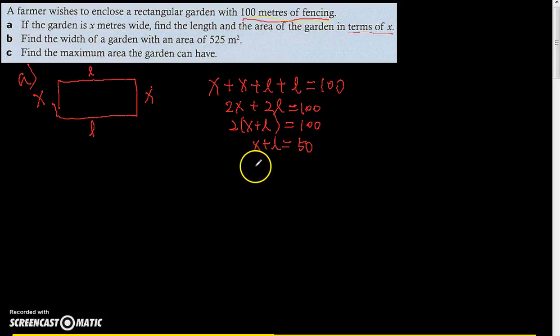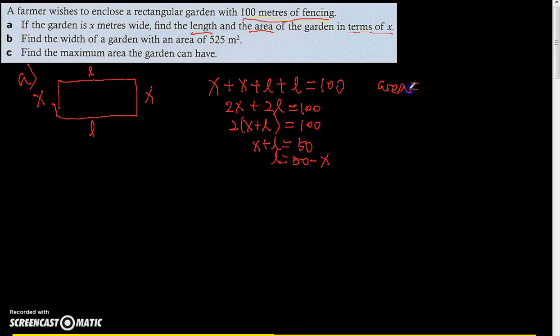And they want us to express the length and the area. So the length in terms of x will be L is equal to 50 minus x. Now what's the area going to be then? My area is equal to my length times my width.